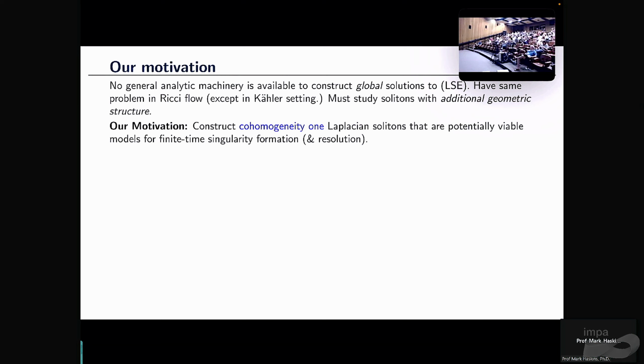A Lie group acts with generic orbit of codimension 1, and so we should expect that the PDE system reduces to an ODE system, which will be considerably simpler, although definitely non-trivial in the end, still to study. And we'd like to concentrate on things that we at least think might be potentially viable models for finite time singularity formation and their resolution.